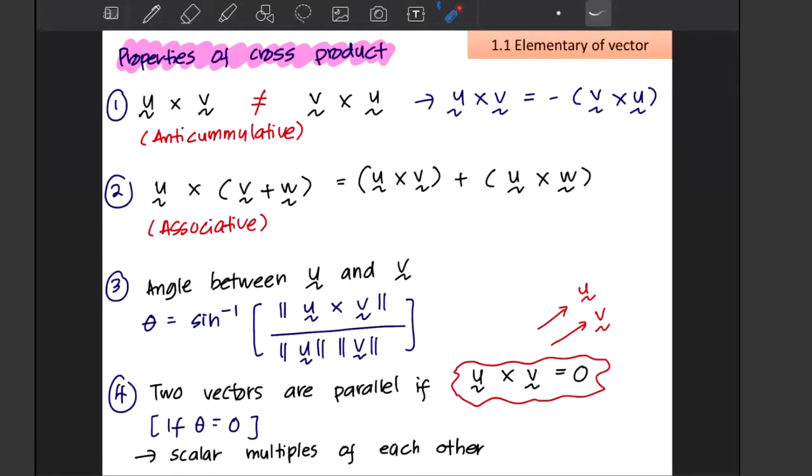Okay, the third property. We can also find the angle between vectors using the cross product.